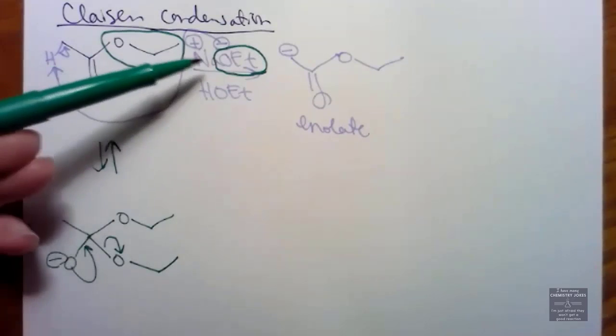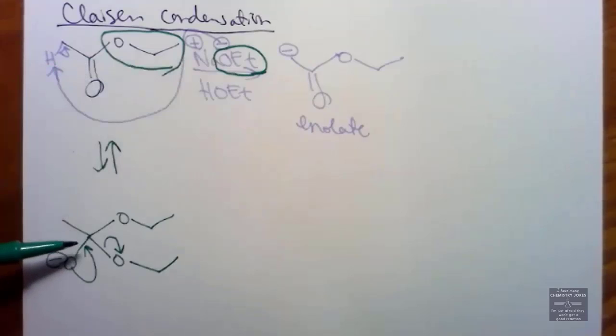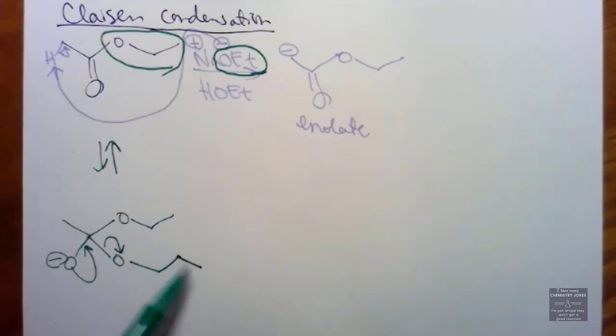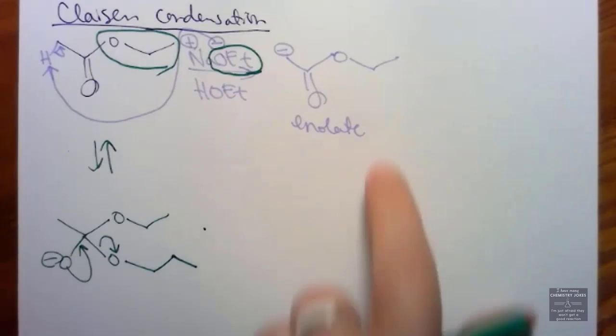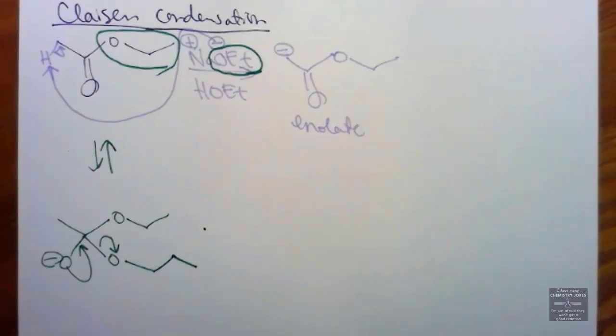Because when that base attacks the carbonyl carbon to make this green tetrahedral intermediate, if you had used a different base, let's say you used a propyl instead, you would have a mixture of ethyl esters and propyl esters up here, as in you would have some propyl ester enolates and some ethyl ester enolates, and that's just disastrous.